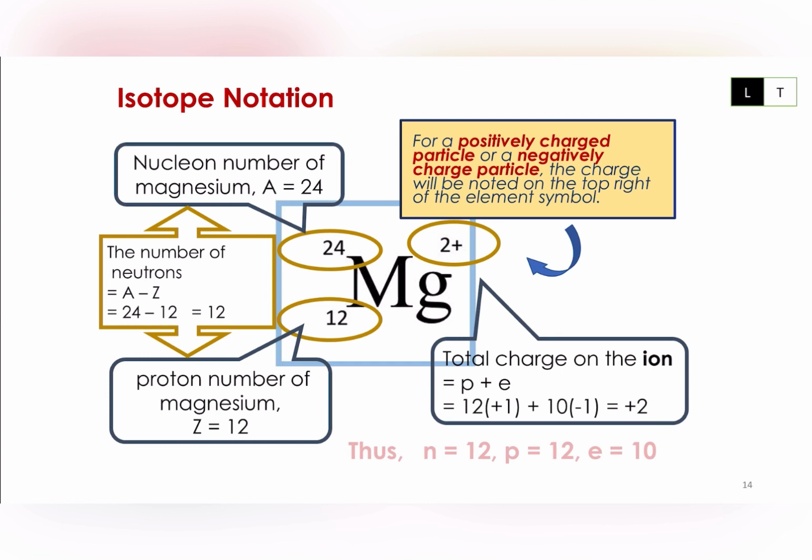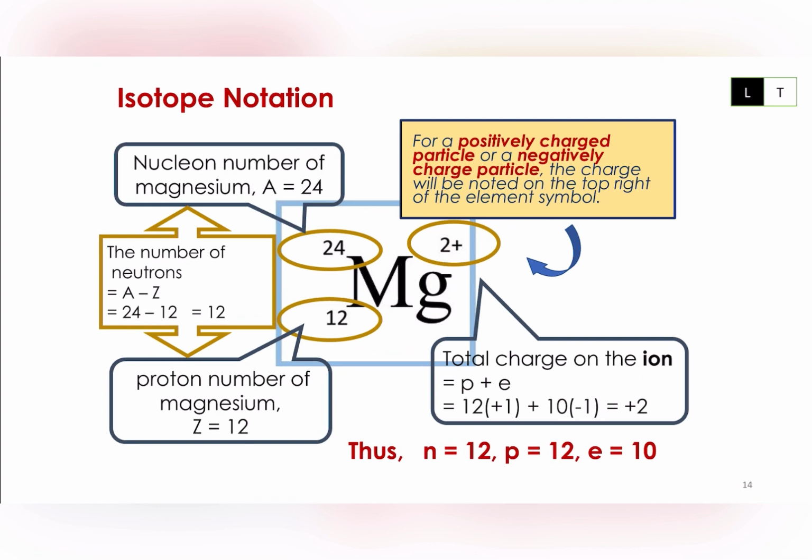There is a tricky way to write isotope notation for an element that has a charge. Thus, you can determine the number of neutrons is 12, the number of protons is 12 as well, and the number of electrons is 10. Why? This is because we have the number of protons minus 2. Positive 2 here indicates that magnesium donated 2 electrons.